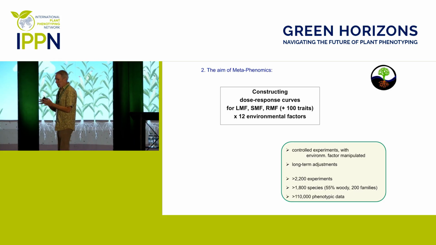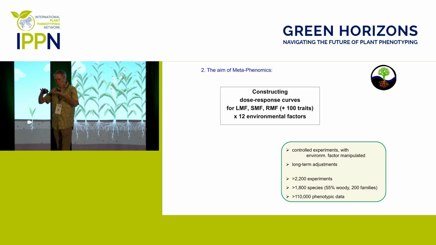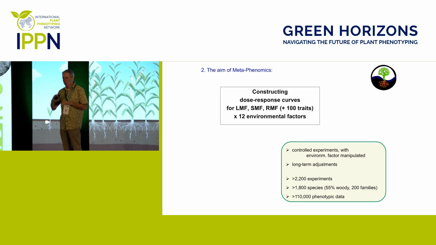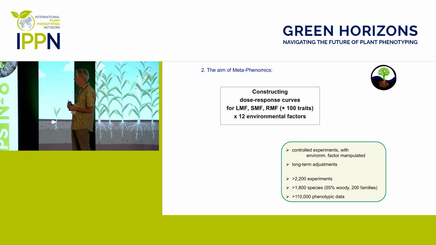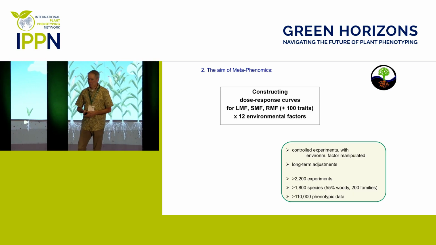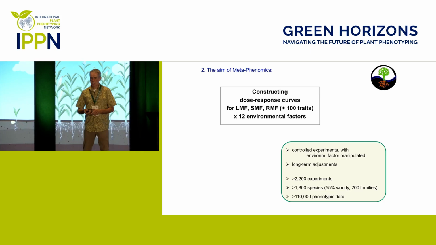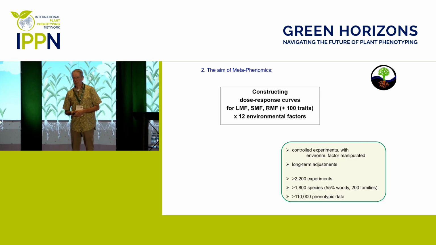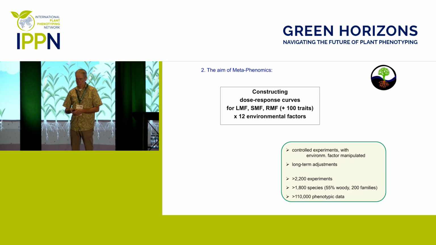And in each case, I look at controlled experiments where people really manipulate only one level, so only the level of light or only the level of CO2, and where the plants have enough time to really acclimate to the conditions. At the moment, the database has about 2,000 experiments on almost 1,800 plants. And well, there's a lot of data in it.